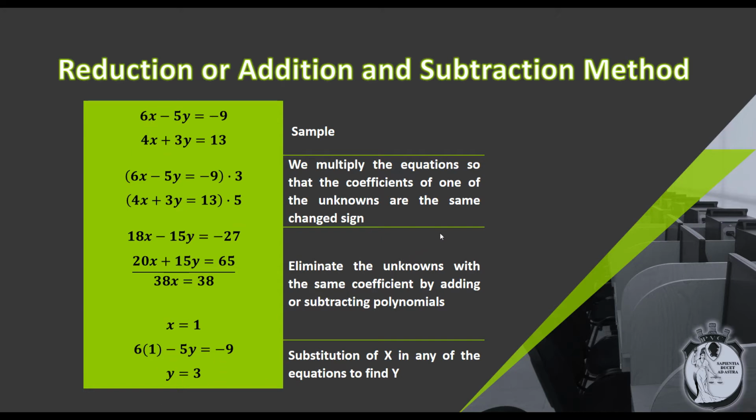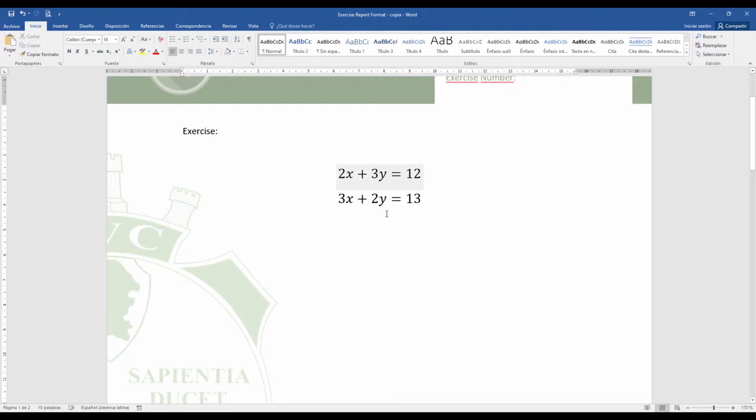Okay guys, now we will see how you answer that in the exercises. Now this is the first exercise. You need to decide first which variable you want to eliminate. The x or y, it's the same, but for example here I will eliminate the x.